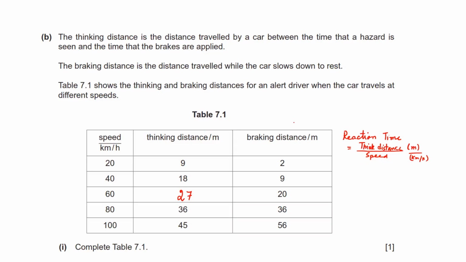Let's call the reaction time in seconds. So let me change the speed to meters per second. 1 kilometer is equal to 1,000 meters, and 1 hour is equal to 3,600 seconds.